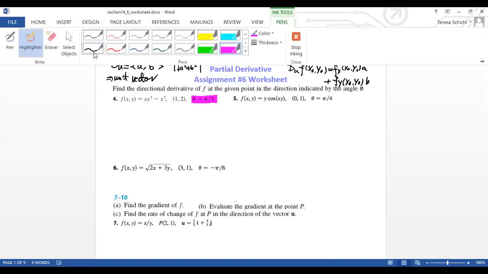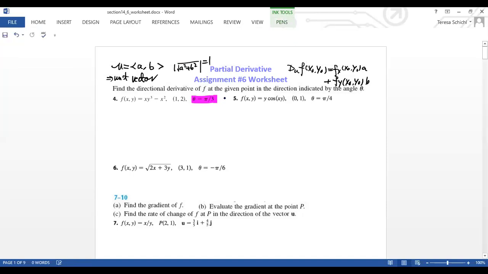Since this is a unit vector, A is going to be equal to cosine pi over 3, and B is the sine pi over 3. Because in the xy plane, if this is my u vector at angle pi over 3, then A is the cosine.